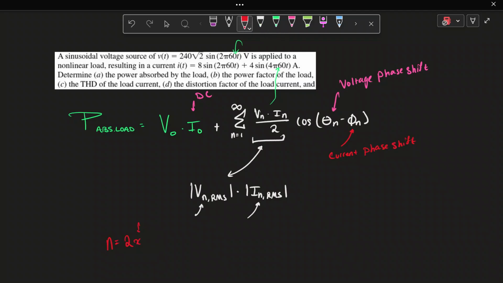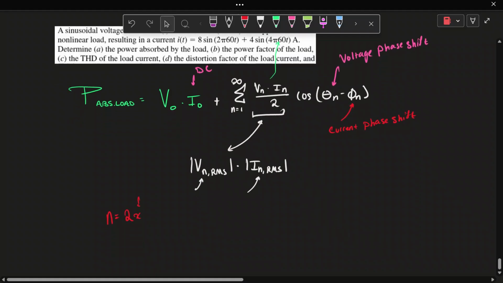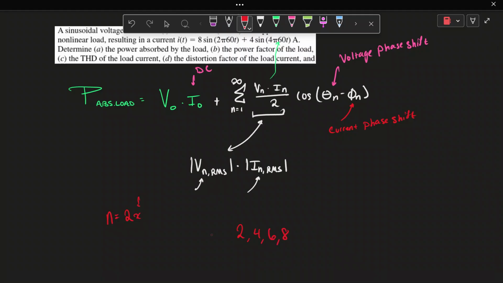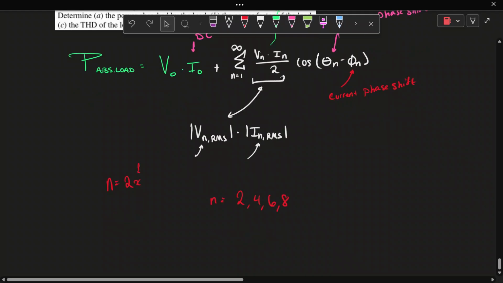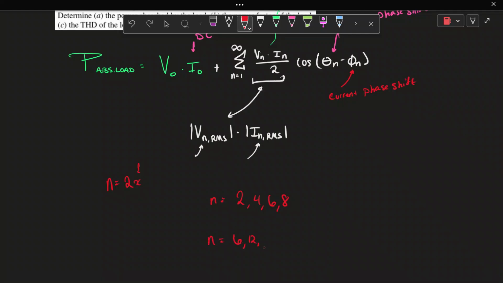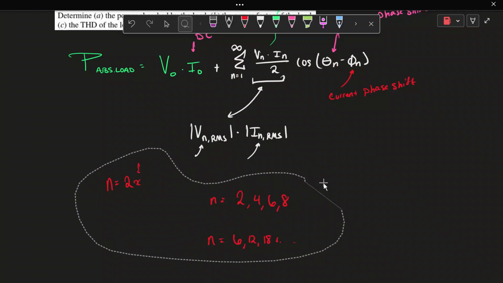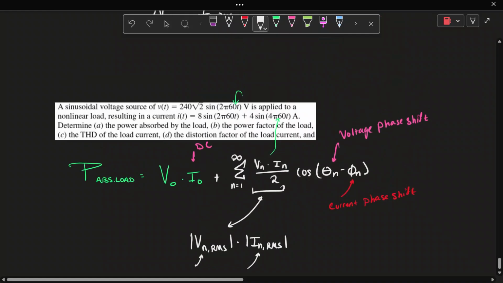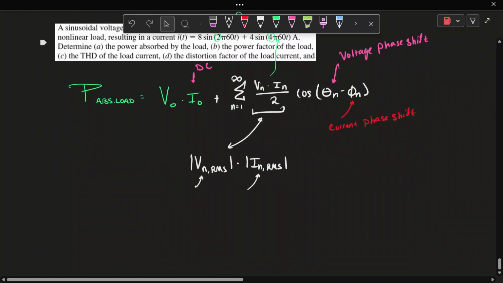Then you have your first harmonic, second harmonic, third harmonic, and sometimes you might go from second harmonic to fourth harmonic to sixth harmonic, or in three-phase rectifiers, which we'll go over later, you have 6, 12, 18, and so on. In this case, we're only given 2 and 4. So you could call this 1 and 2, 2 and 4, however you want, it doesn't matter.